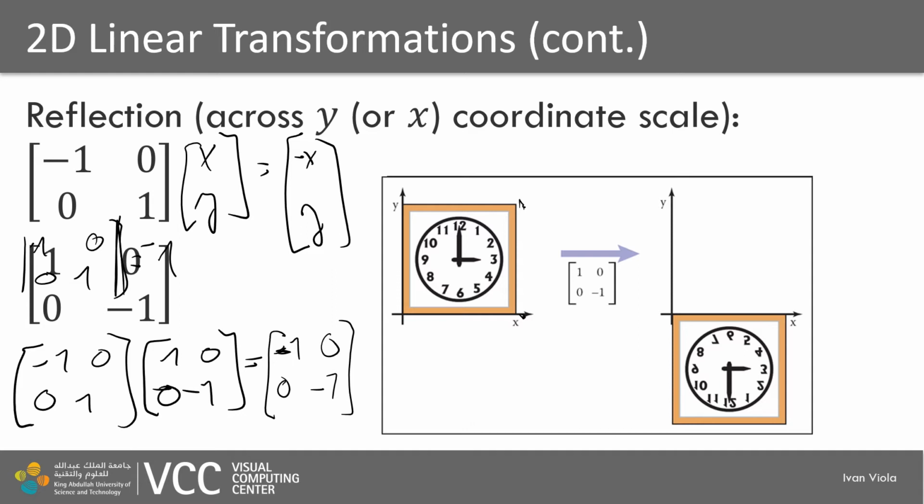So here we can see that cosine phi is equal to -1, and sine phi is equal to 0, right? So yes, this is a rotational matrix, and we can also see that if we calculate the determinant of such a matrix, -1 times -1 minus 0 times 0 is 1. So it is a rotational matrix.